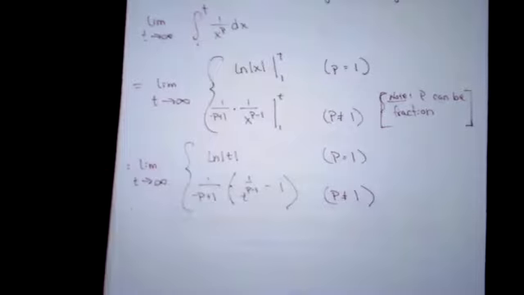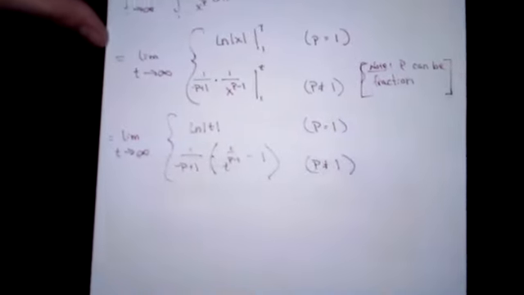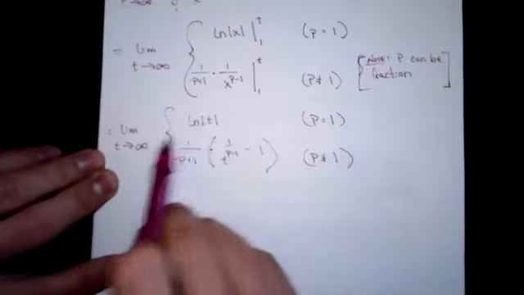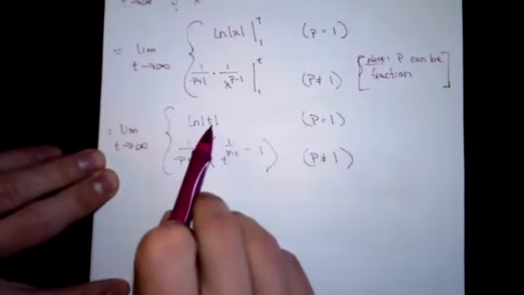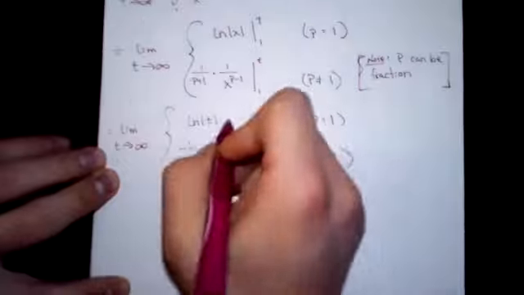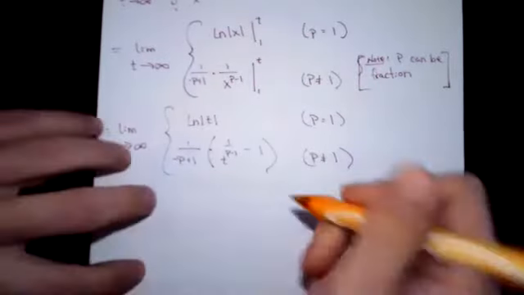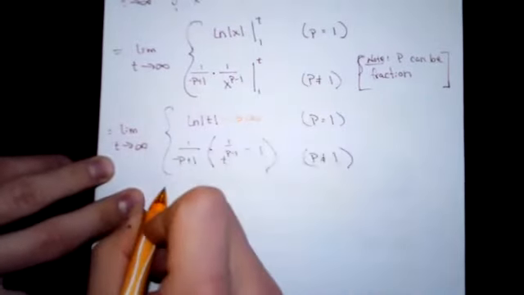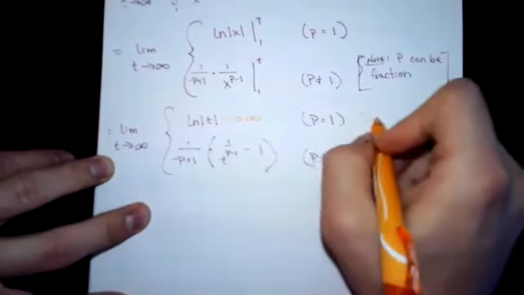So we're going to have to split this down into cases again. Let me know if the notes are getting a little too complicated. When I plug in this infinity to the t, this one goes to infinity. So this one diverges.